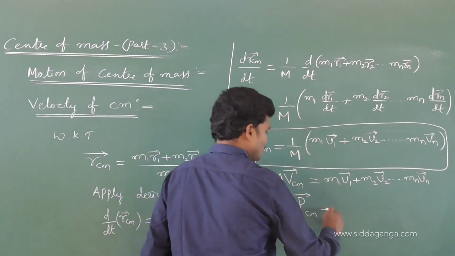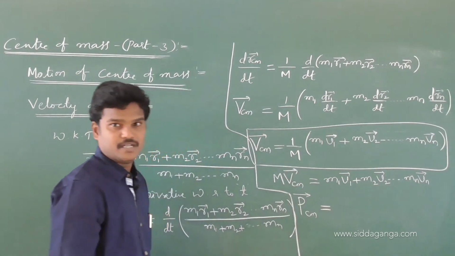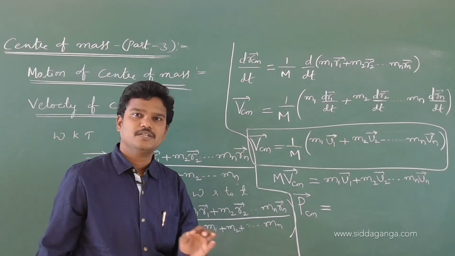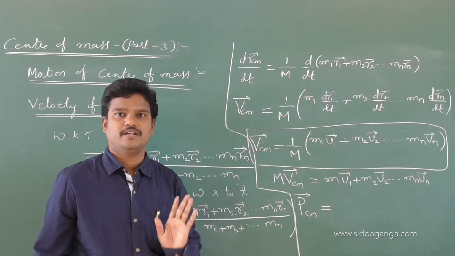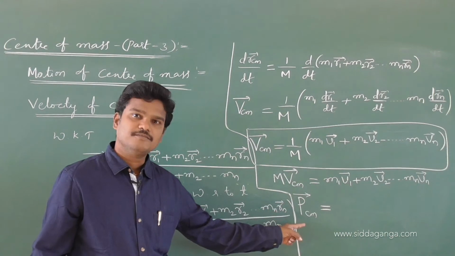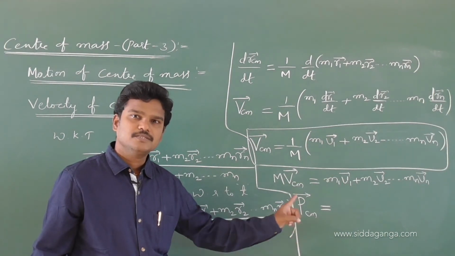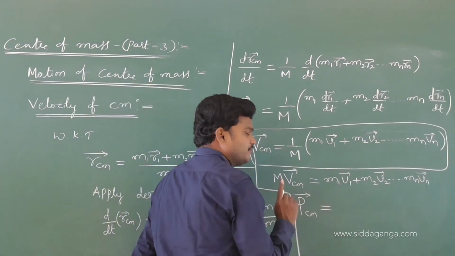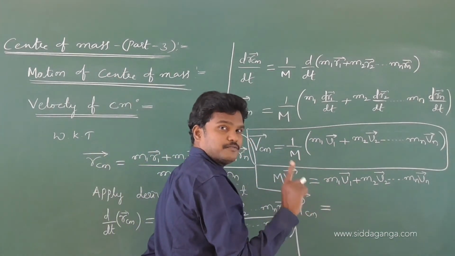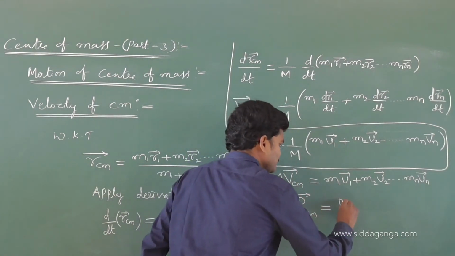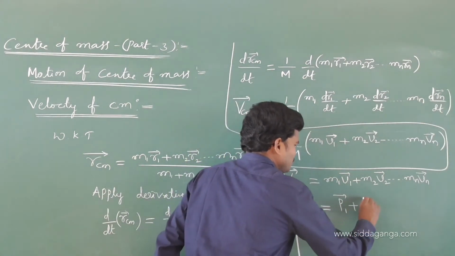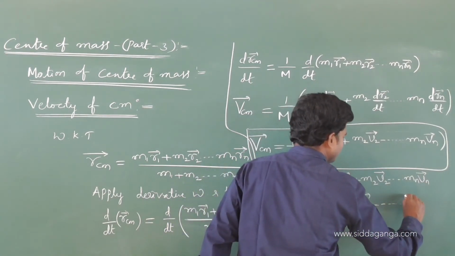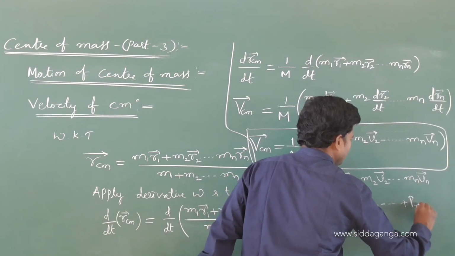And this is also the momentum of individual particles. See, the left side is the total momentum of center of mass of a system of particles, which is equivalent to the right side. m1 v1 is the momentum of a single individual particle, so p1 bar, m2 v2, p2 bar, so on mn vn, nothing but Pn bar.